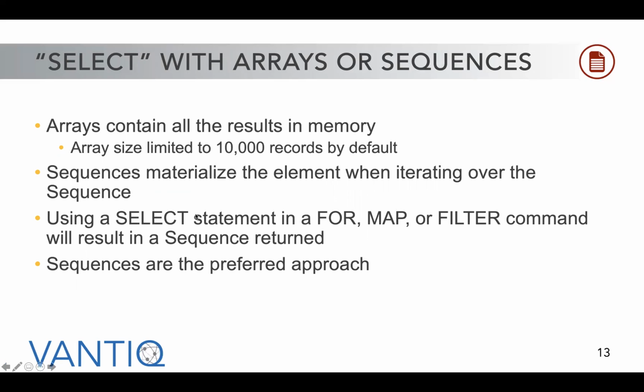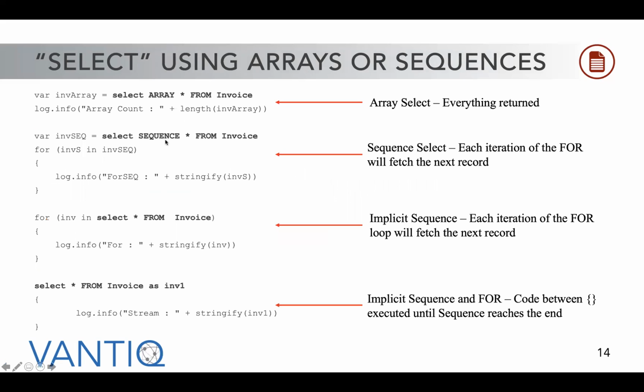So a way for you to do a select in a type that has more than 10,000 records is by using a sequence. In that case, what we can do is iterate along with the sequence, so that you can do all the calculations that you need, instead of returning a whole array and then doing a for inside of it.